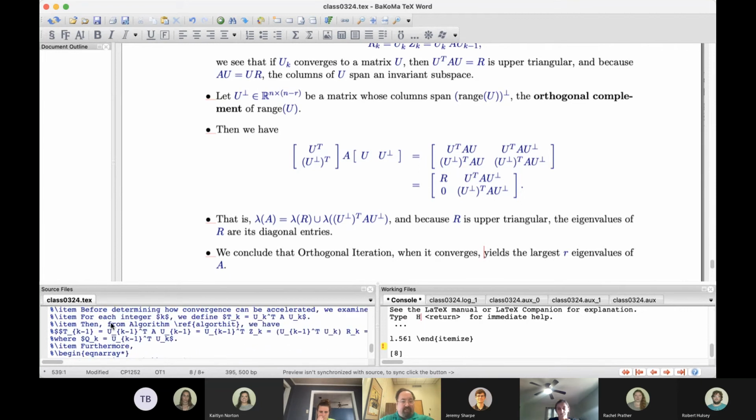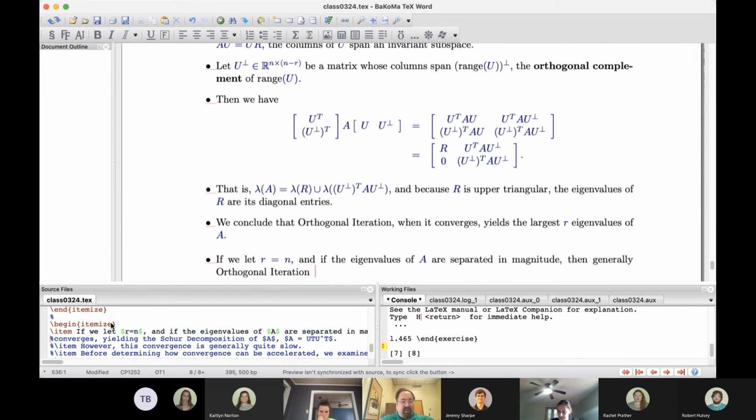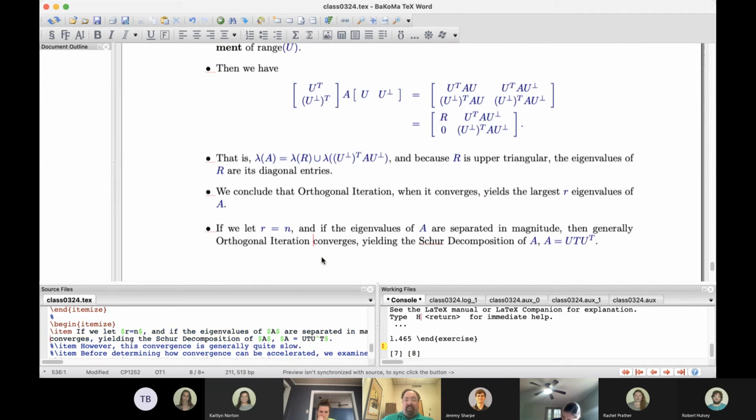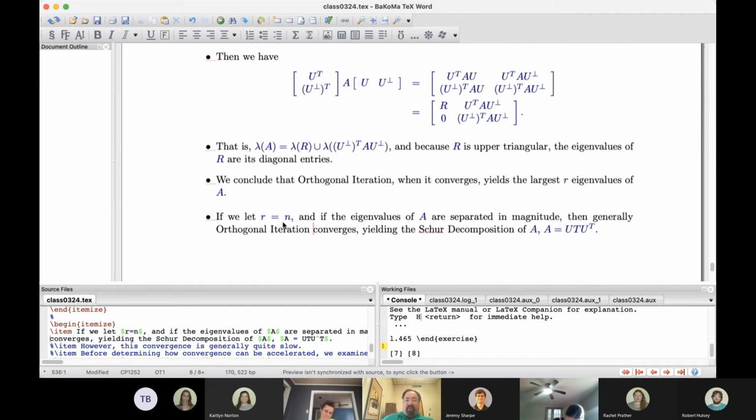Let's take the extreme case where little r is equal to n. So now I'm trying to find all the eigenvalues. And let's suppose the eigenvalues are separated in magnitude, so you don't have any that are like complex conjugate pairs or like negatives of each other, anything like that. If that's the case, then orthogonal iteration will almost certainly converge.